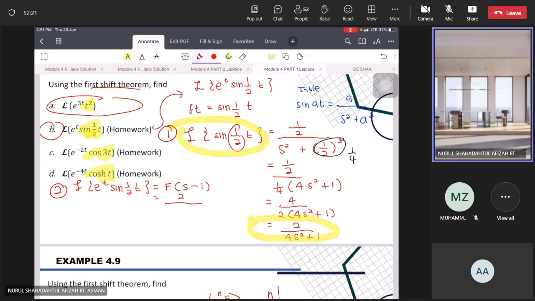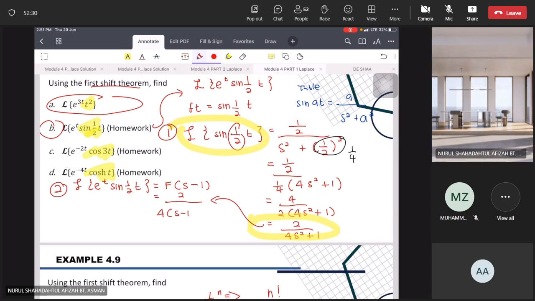Then, we substitute here, 1 over (s minus 1) squared plus 1, which equals 1 over s squared minus 2s plus 2.